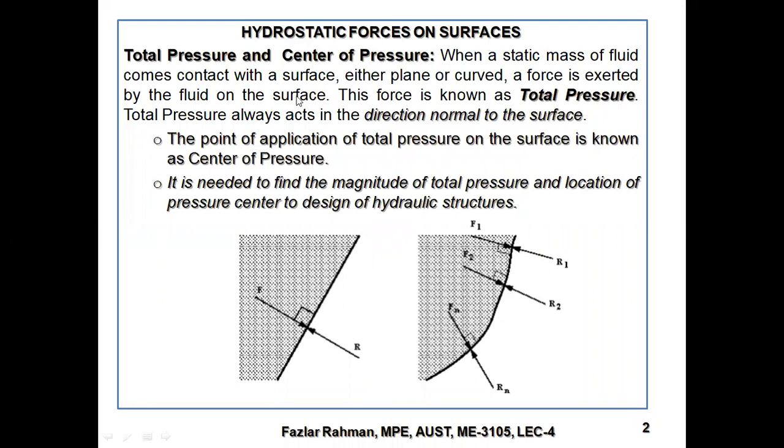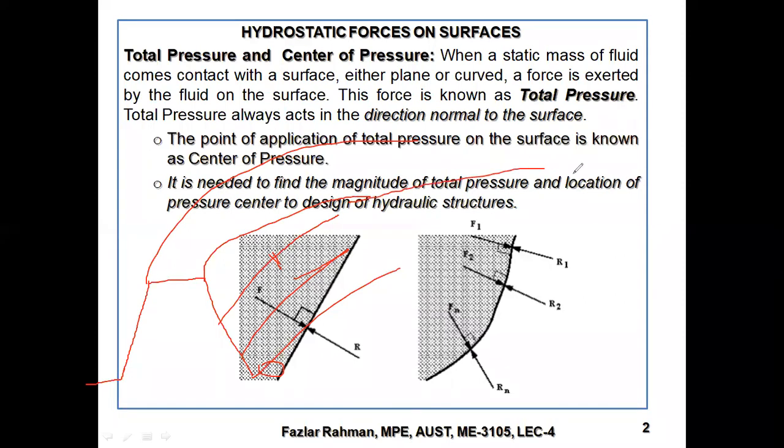For example, if you have a dam like that, say this is the top surface, and when you fill up water, this side is the water level. In that case, you need to figure out how much will be the pressure at the bottom. And that's why they make the bottom wider, to make sure it does not break. This is one thing.